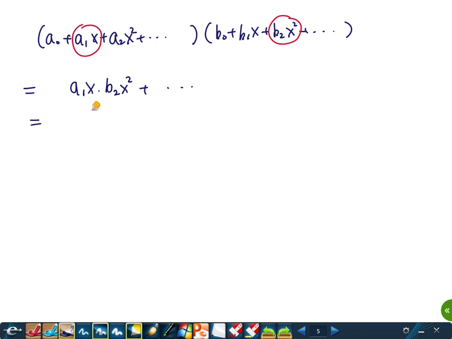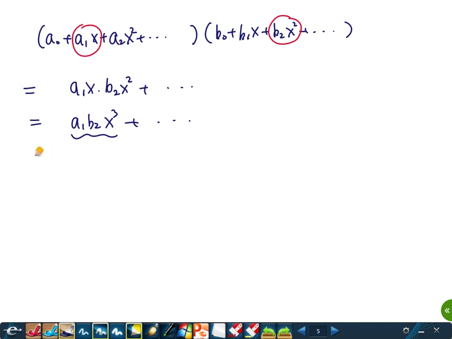This will be computed like a1 b2 x cubed, something like that. So whenever you have x to the n, you will have a something, b something, but their subscripts must add to n, because that's the way these are constructed.